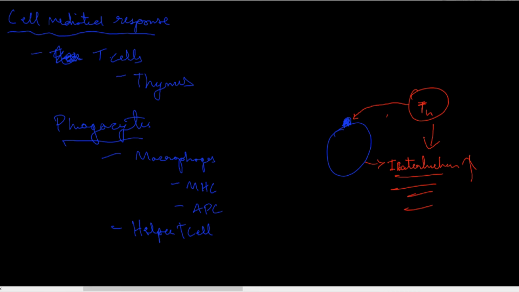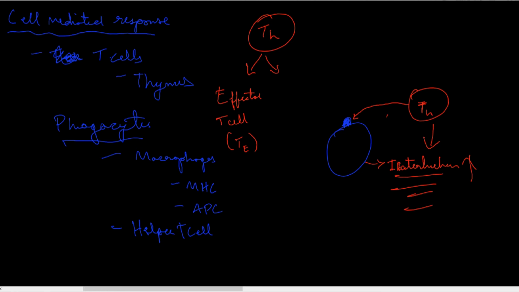So the H cell, what it's going to do is split up into two different cells. The T cell is going to split up into two cells. So let's say it's a TH cell. Once it's done, it's going to split up into two different cells. It's going to split up into the effector T cell, and I think they use TE.